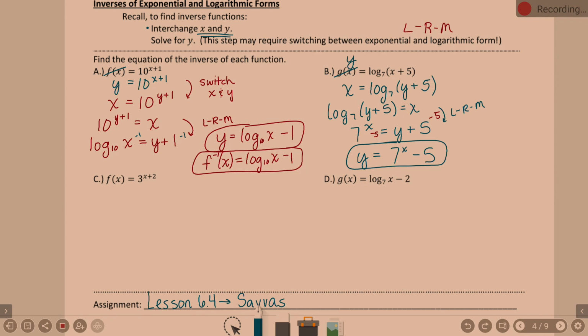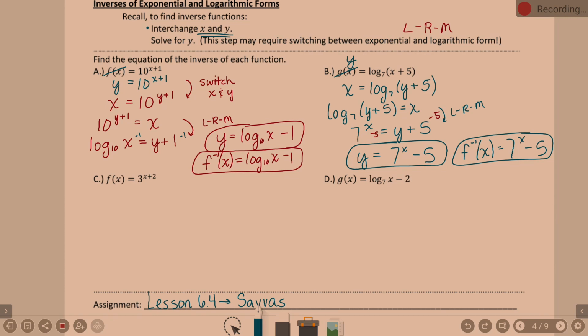Also could be written as f inverse of x equals 7 to the x minus 5. Why am I not subtracting 7 and 5? 7 has the x on it, right? Okay, you've seen one of each. You got the gist. Let's try C.